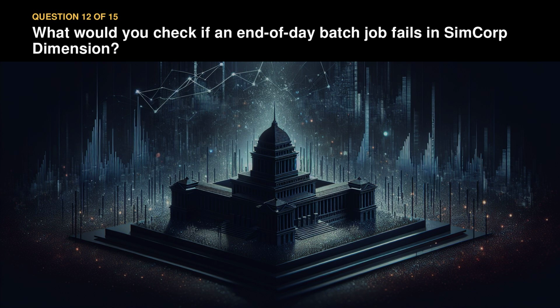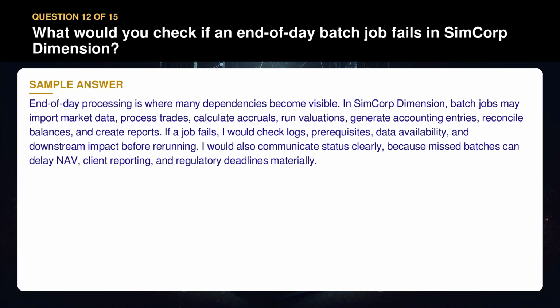Question 12. What would you check if an end-of-day batch job fails in SimCorp Dimension? End-of-day processing is where many dependencies become visible. In SimCorp Dimension, batch jobs may import market data, process trades, calculate accruals, run valuations, generate accounting entries, reconcile balances, and create reports. If a job fails, I would check logs, prerequisites, data availability, and downstream impact before rerunning.